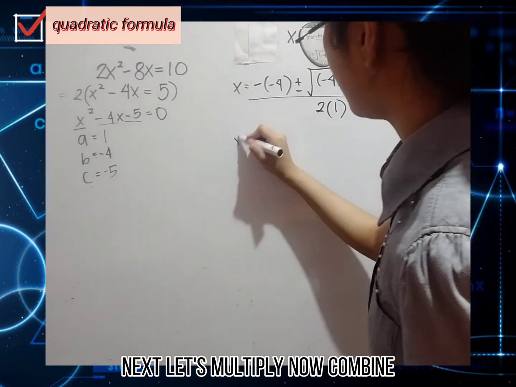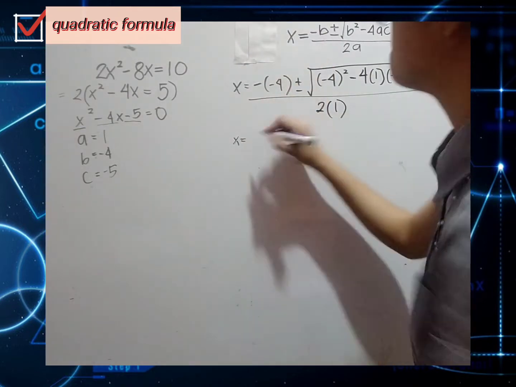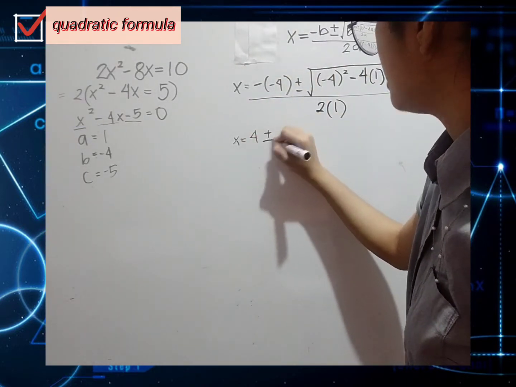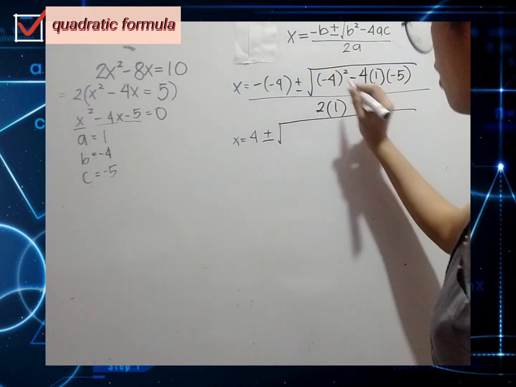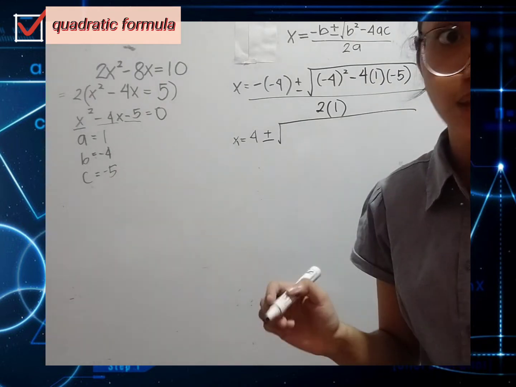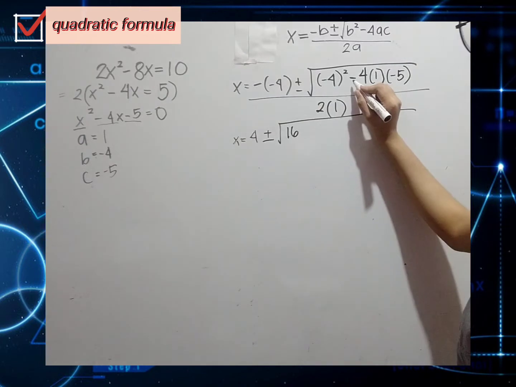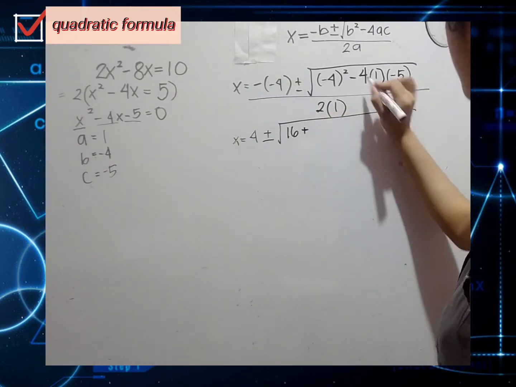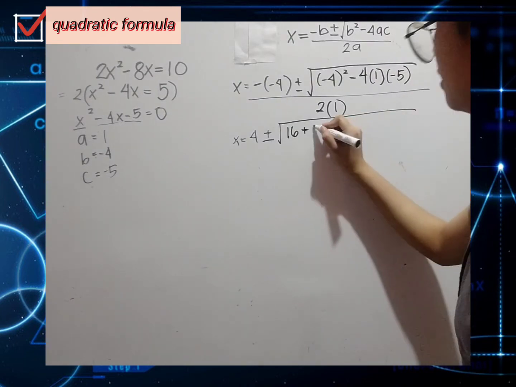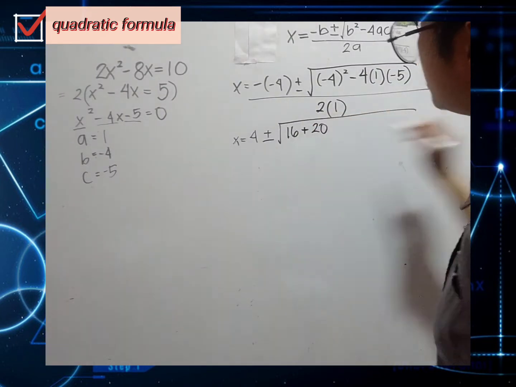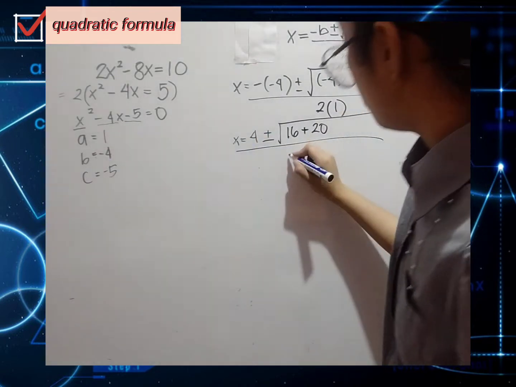Next, let's multiply and combine. x equals negative times negative 4, which is positive 4, plus or minus the square root of negative 4 squared, which is 16. Negative times negative is positive, and 4 times 1 is 4, times 5 is 20. That's why it becomes the square root of 16 plus 20, all over 2 times 1, which is 2.